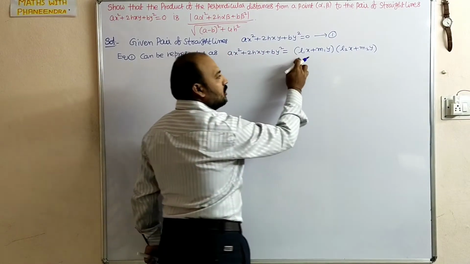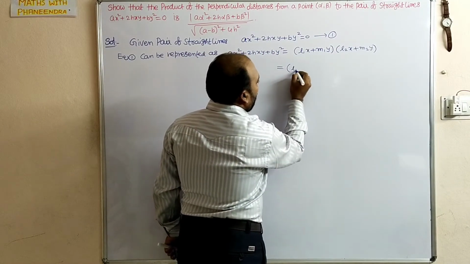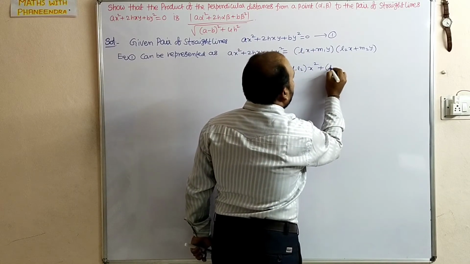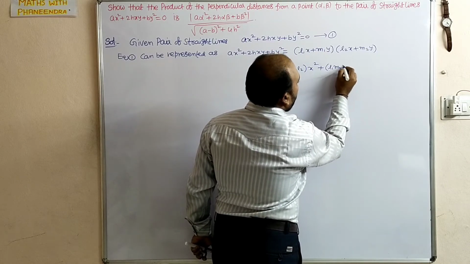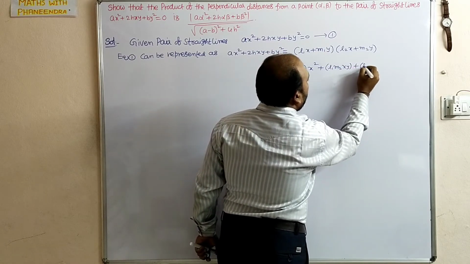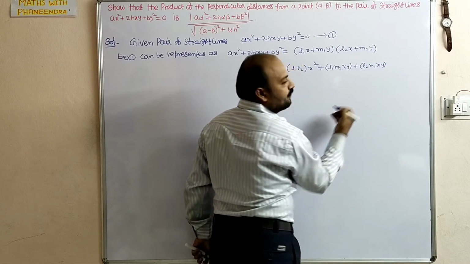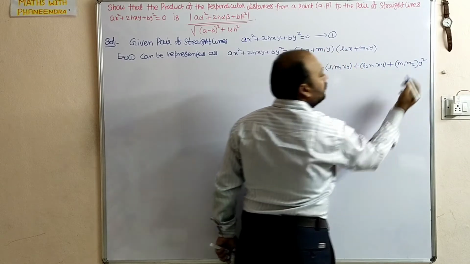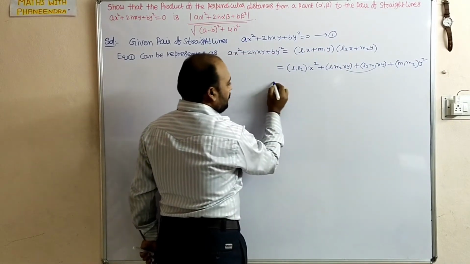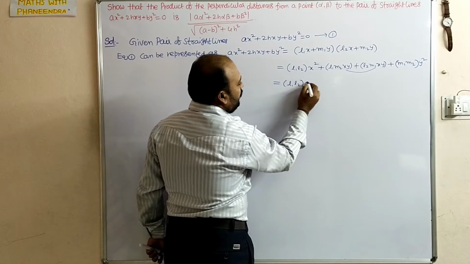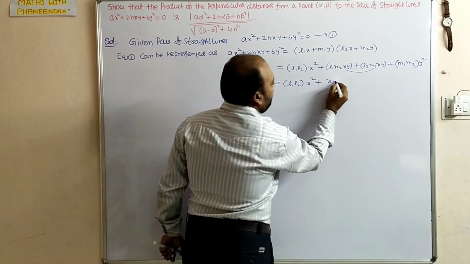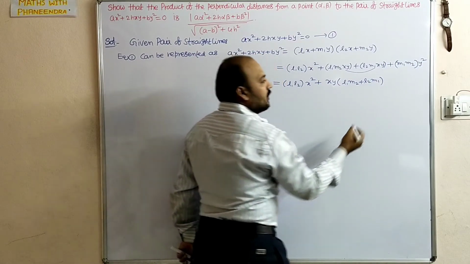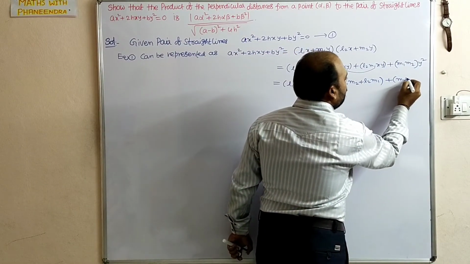So by doing the actual multiplication here, L1 L2 x square plus L1 M2 xy plus L2 M1 xy, next plus M1 M2 y square. So from these two xy take common: L1 L2 into x square plus xy into L1 M2 plus L2 M1 plus M1 M2 y square.